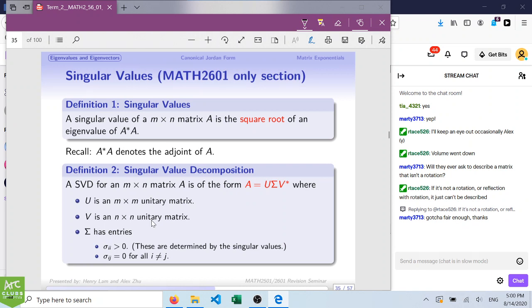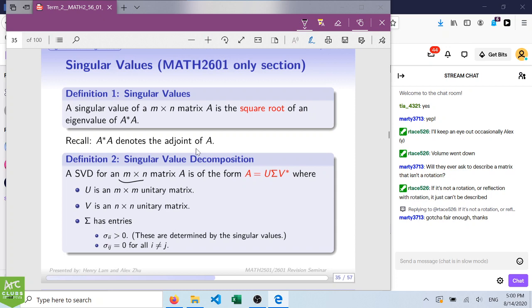This is basically an extension of diagonalization, but for an m by n matrix, and we're taking advantage of the property of A star A, which is the adjoint, right?